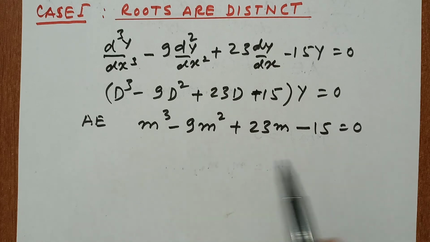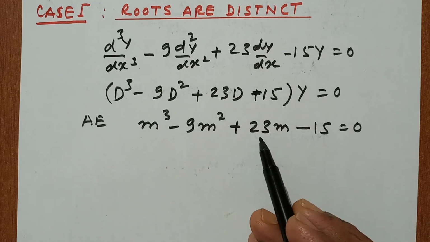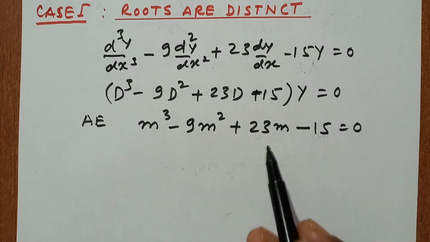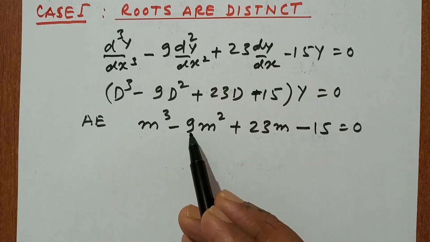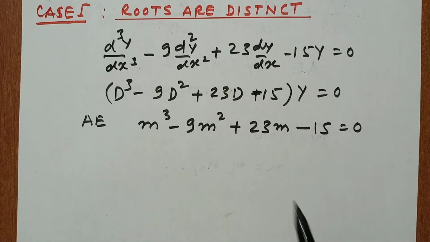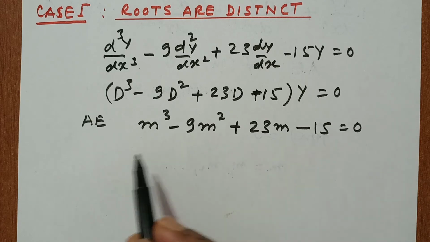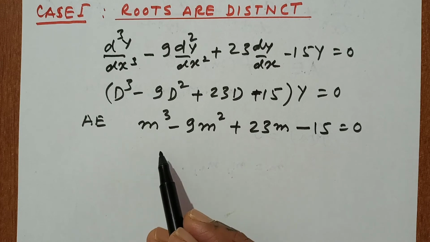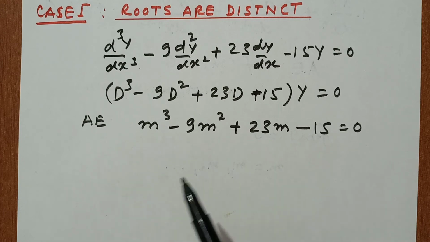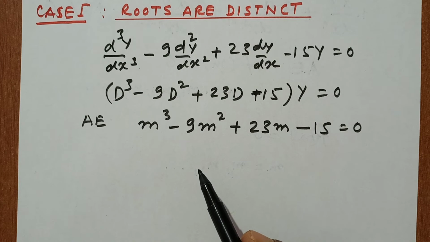This is very easy to calculate. Here 23 plus 1 is 24, 15 plus 9 is 24, so first you apply the inspection method. Here m is equal to 1 is a root, so you put m is equal to 1 and divide, and we get a second degree equation, which is very easy to solve.